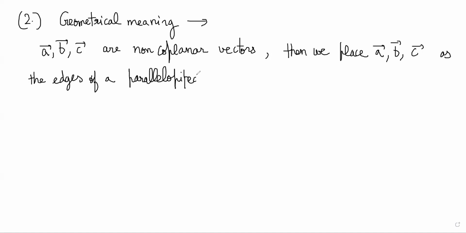Basically, it's a three-dimensional body. You have one C direction here, one direction is A, one direction is B, right? And you place the three vectors starting from the same point.